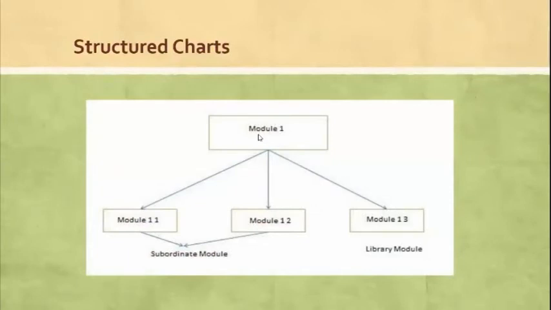So here is an example of how the structured chart looks like. So we have the module 1, and this module 1 is subdivided into module 1.1, 1.2, and 1.3. And module 1.1 and 1.2 are considered as the subordinate module, while module 1.3 is considered as the library module.